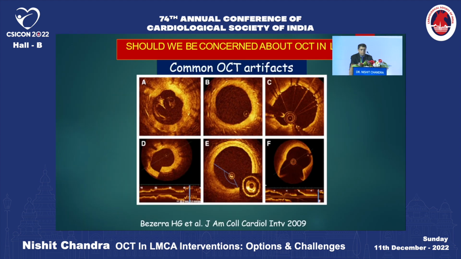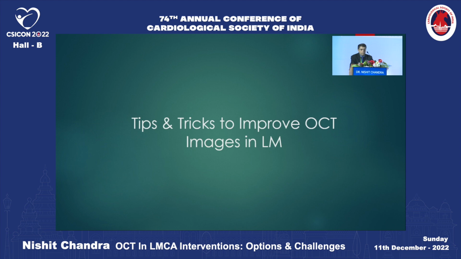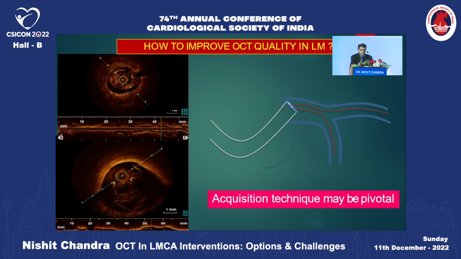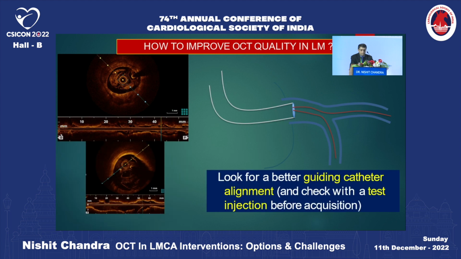But we should be cognizant of certain OCT artifacts. The most common artifact is blood swirl, because it's in the left main. I'll tell you the tips to reduce that. Your acquisition technique should be precise. The catheter should be coaxial.